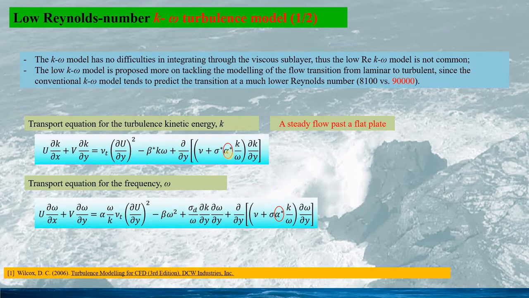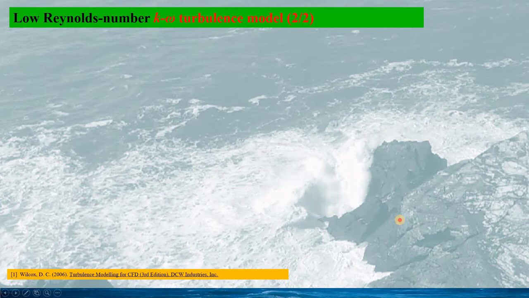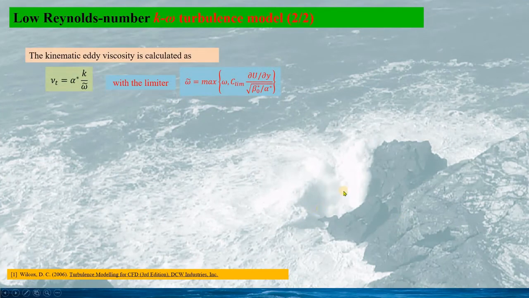The function alpha star here and here. And the kinematic eddy viscosity is calculated as in this formula. Again, we can see alpha star is used here, and the limiter of the omega tilde is given in this form.